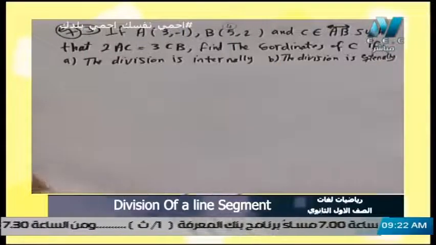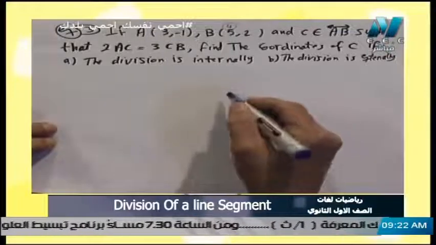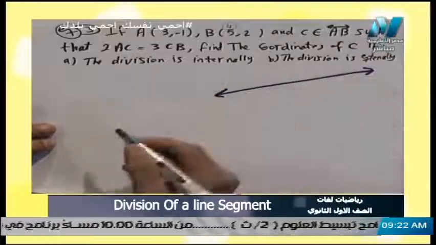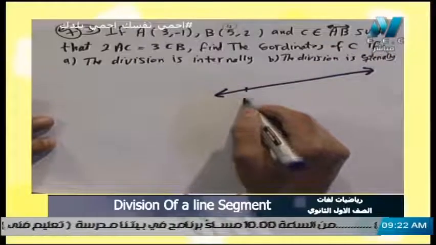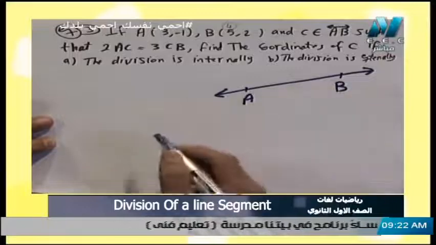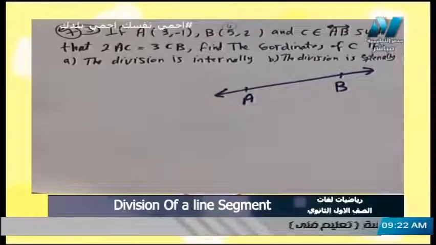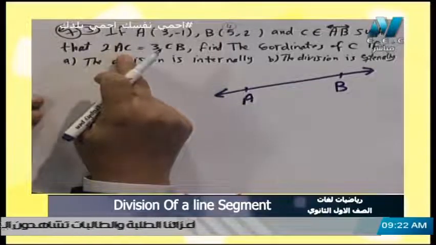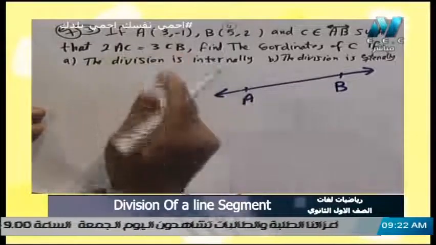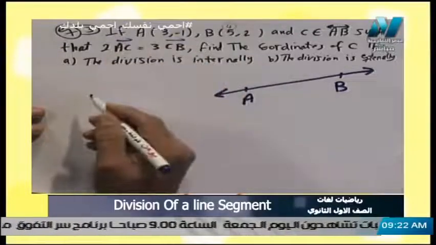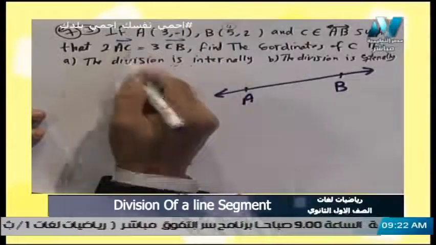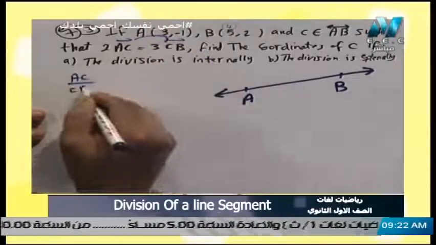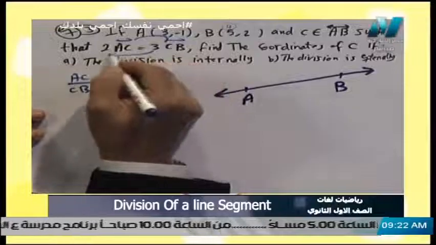So when we draw a straight line here, straight line AB, like that, and we have 2AC here equals 3CB, we can put here as vectors AC over CB equals 3 over 2.